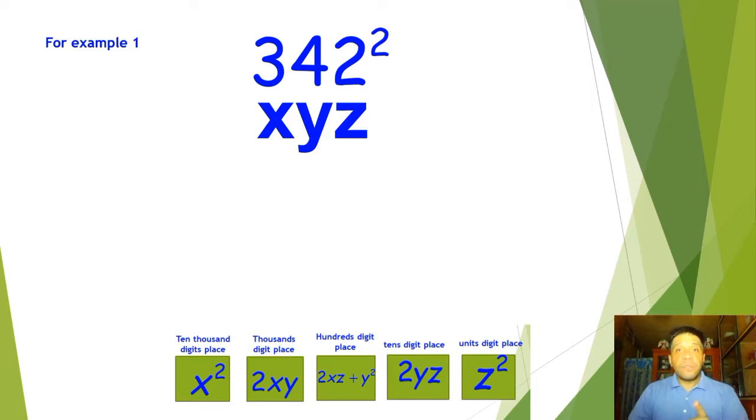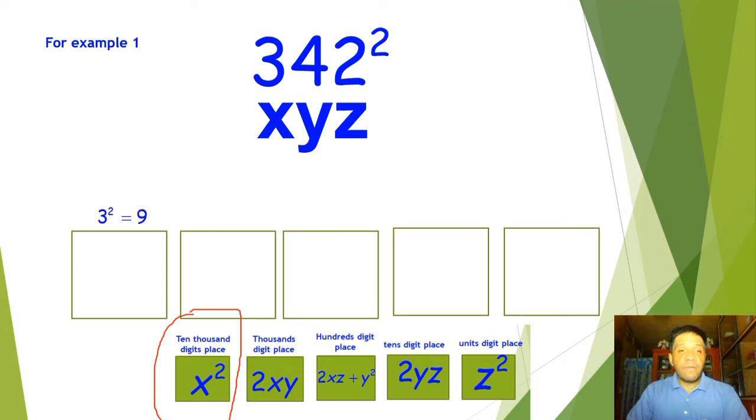Then we're going to multiply it by itself, taking it as the factor. The first thing we should do is square the hundreds digit. So we have the square of 3, meaning 3 times 3, and that is 9.